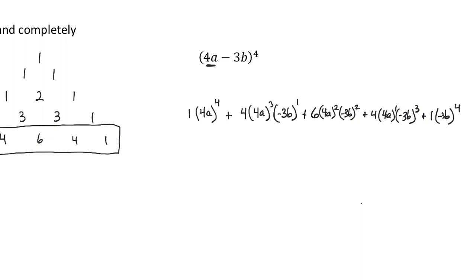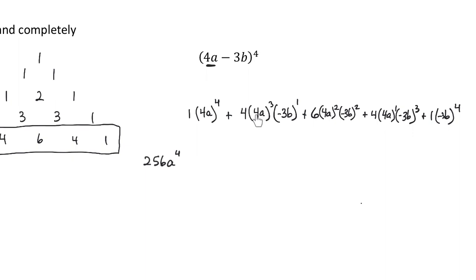Okay, we simplify. 4a to the fourth power is 4a times 4a times 4a times 4a. 4 times 4 times 4 times 4 is 256, a to the fourth. Now, the next term, 4a raised to the third power.